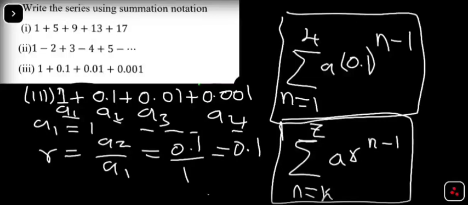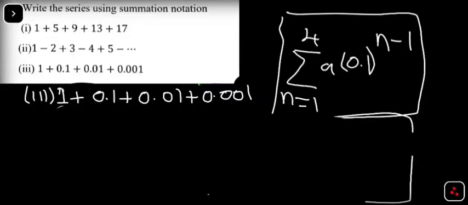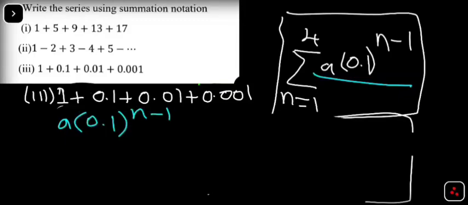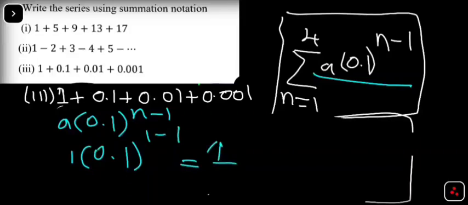Now let me try to prove if you're going to get the same series. Since we know that we have a, which is this one, times 0.1 to the n minus 1. Our first term, which is 1 times 0.1 to the 1 minus 1, you're going to get 1 after doing your calculation.